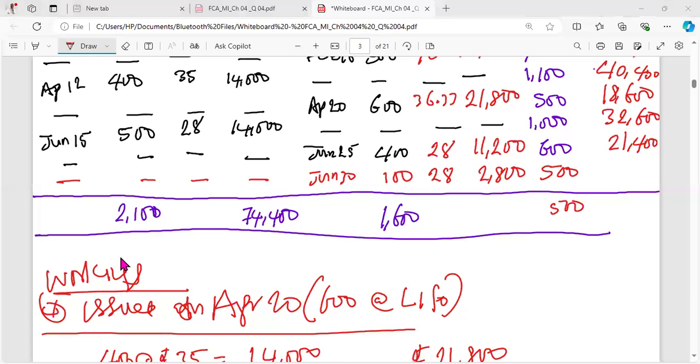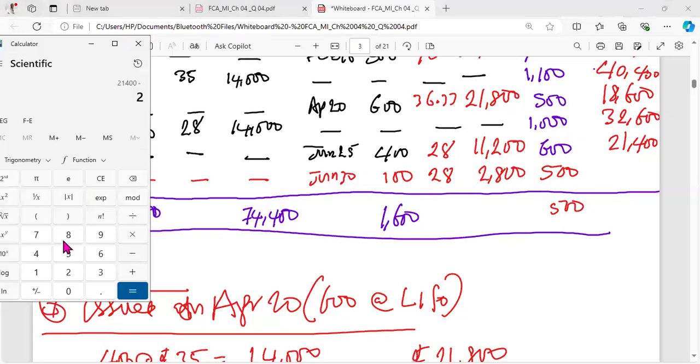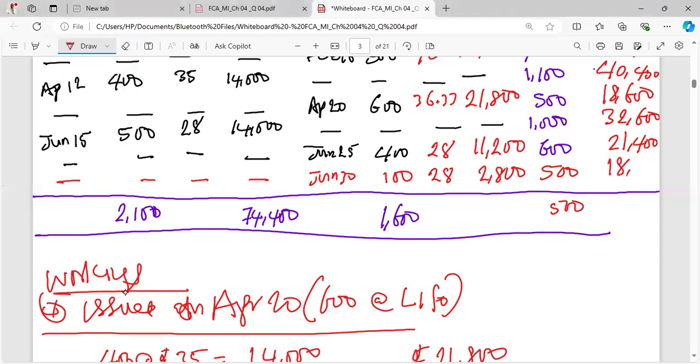Remove 2,800 from 21,400. That's 18,600. So what we're saying is that this is 18,600 as the final balance here.